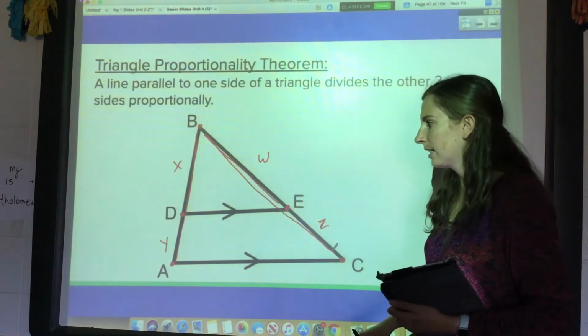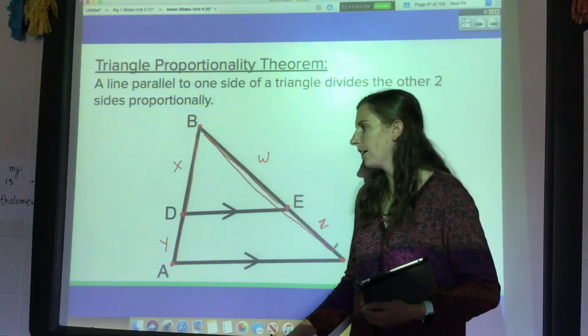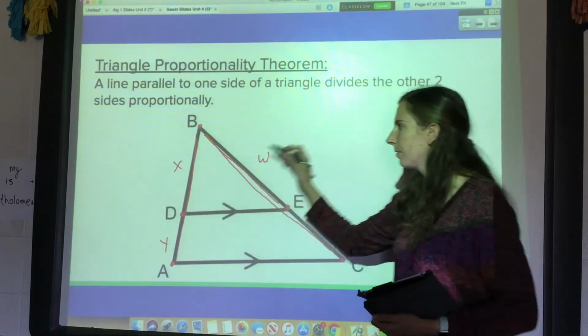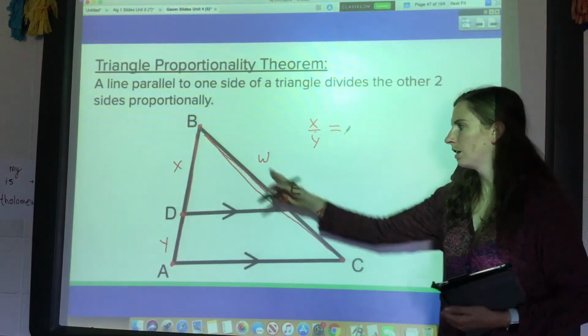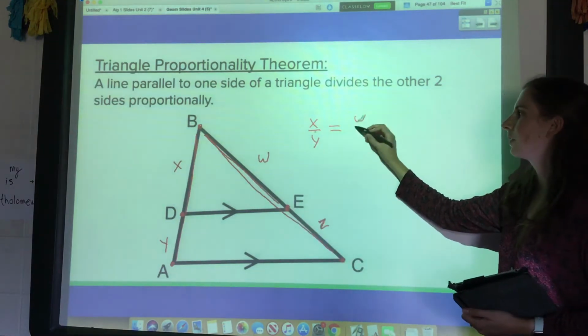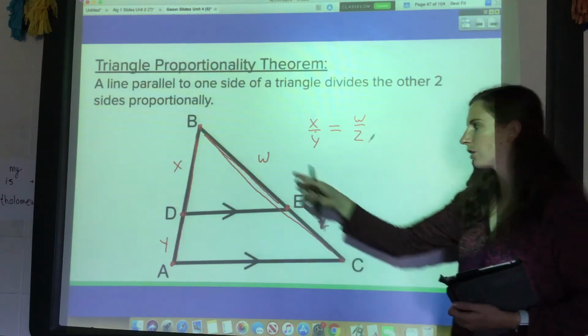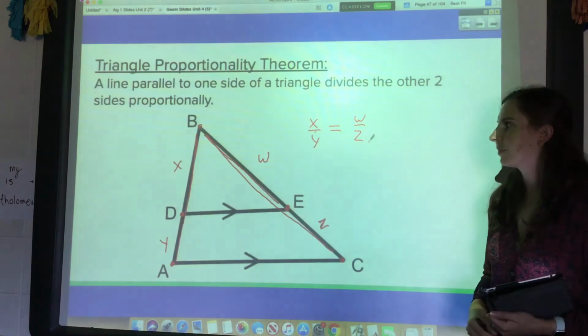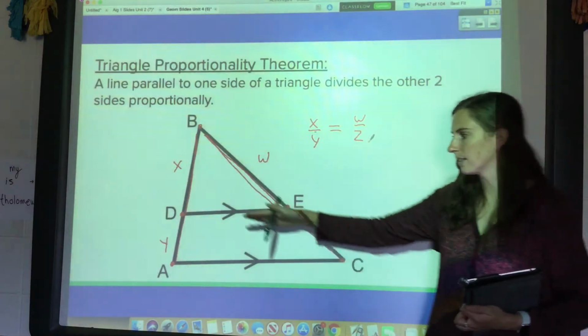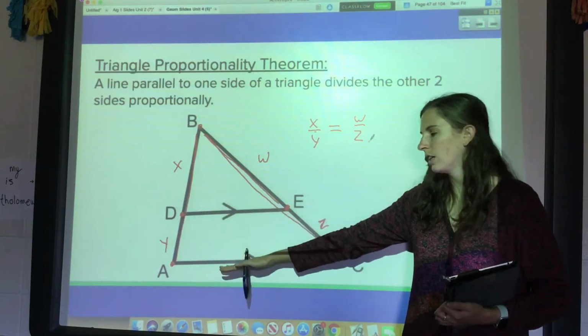But beyond that, I actually know that just plain old x to y is equal to w to z. I can basically chop up these two segments and they equal each other. That always happens as long as this is parallel to this.